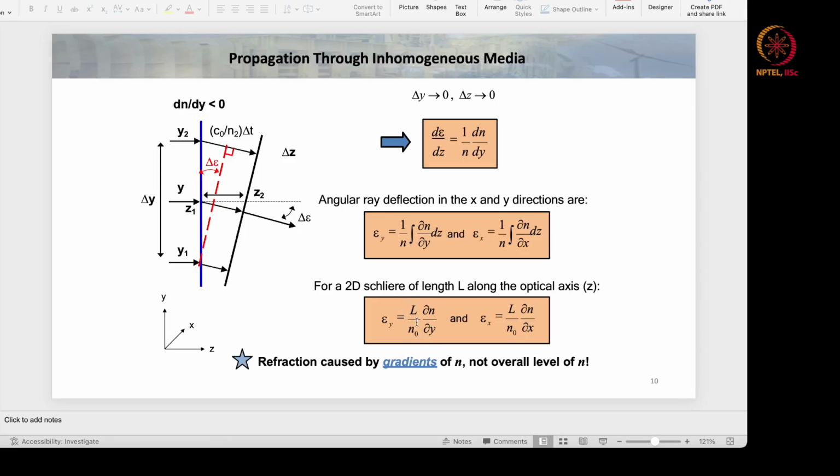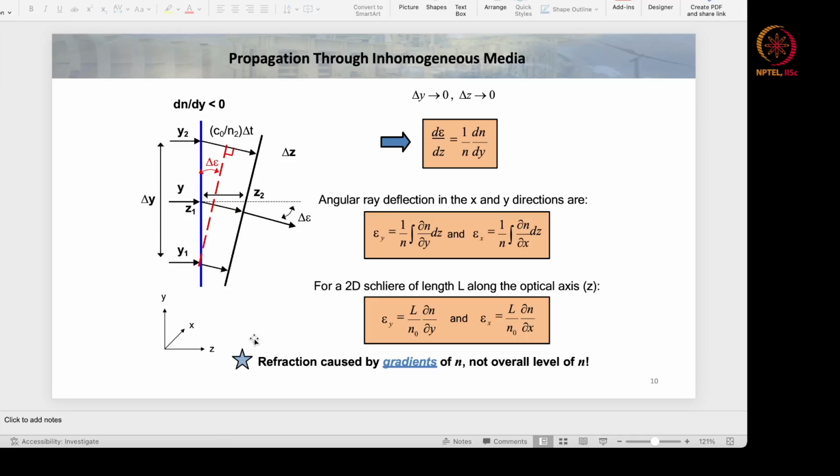Now, this L makes it a line-averaged type of measurement because you are integrating along the z axis. You are integrating out the effect along z, and you are only concerned with the density gradient, or the refractive index gradient, in the x and in the y direction.